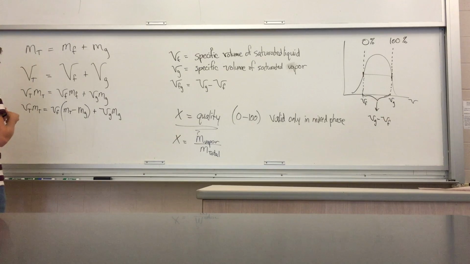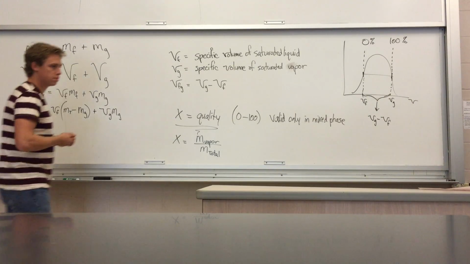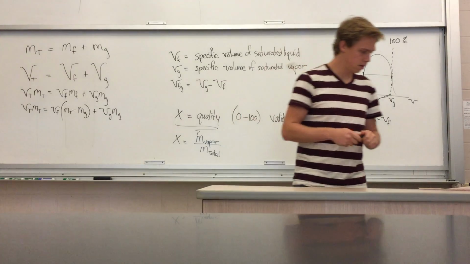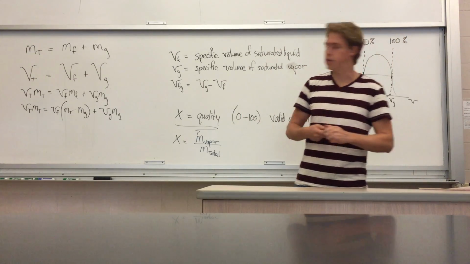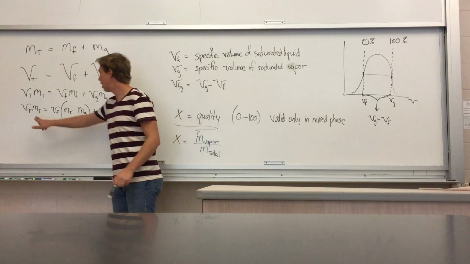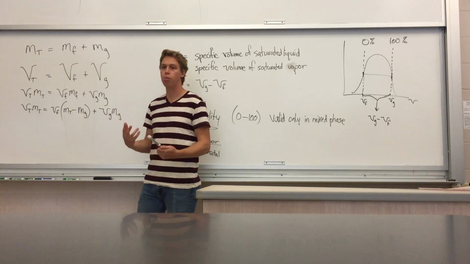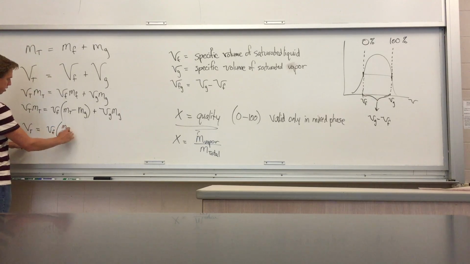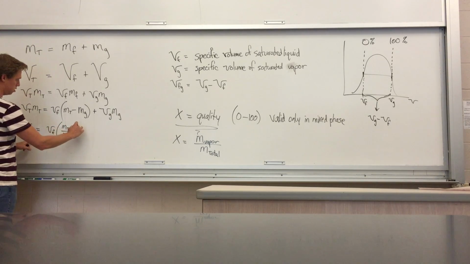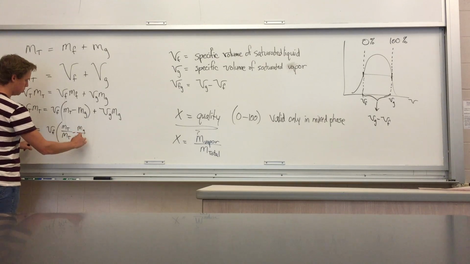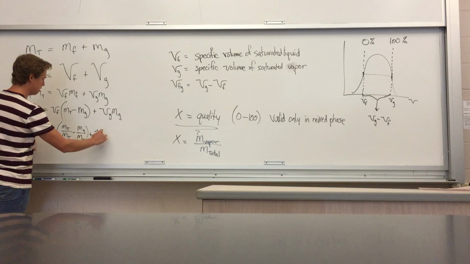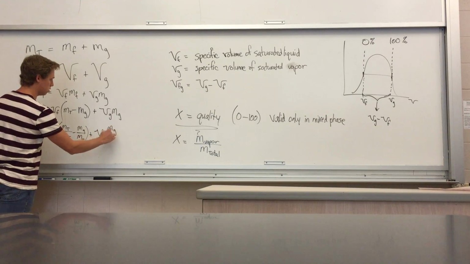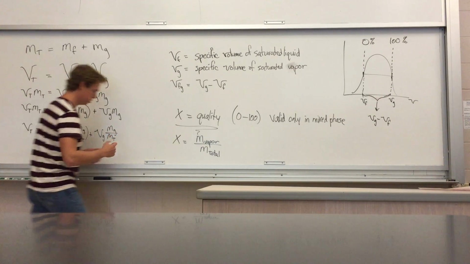Okay. Now, I just divide over by this mass total, and you'll see that out pops quality. So VT equals VF times, I'll write it first like this. Remember, all I'm doing is dividing everything on this side by the mass total to get rid of it on the other side.